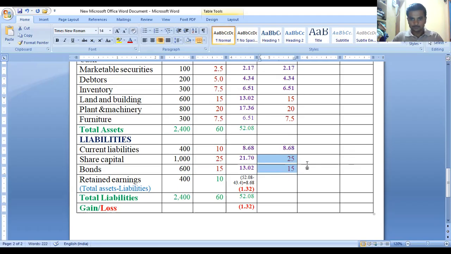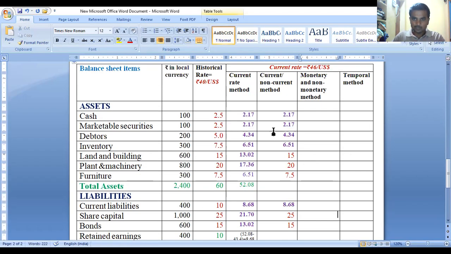So now we need to calculate, on the basis of the current and non-current rate method. All the current assets and current liabilities should be converted at the current rate, then fixed assets and long-term liabilities at the historical rate. Now we need to calculate the total. What is the total asset?